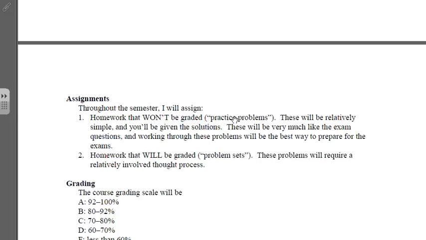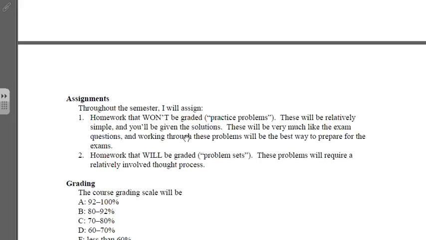And since they're so similar to the exams, those are going to be a really important part of preparing for exams. And then in addition to that, there's going to be homework that I will grade. I'm not going to give you very many of these, and when I do give them to you, it's not going to have very many problems, but they'll be more involved problems than the practice problems.